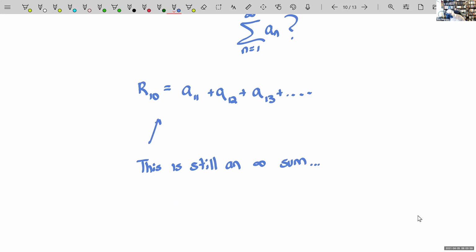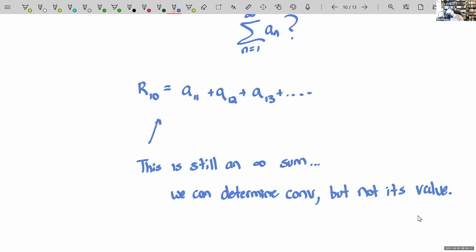We can determine convergence, maybe, but not its value. Normally. Okay. If it's geometric, you can actually determine its value.